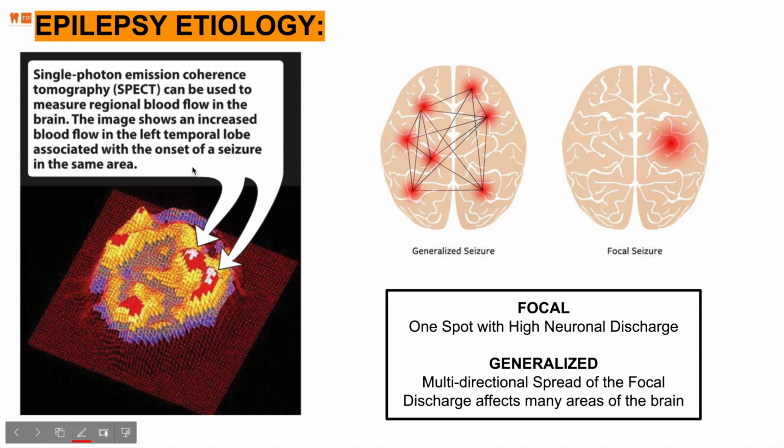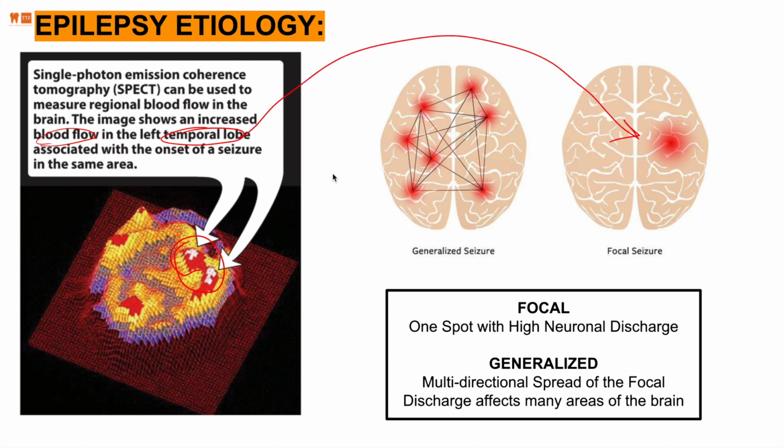So this is just to show you guys what a single photon emission coherence tomography, or SPECT, looks like. It can be used to measure the regional blood flow in the brain. So all it does is measure the regional blood flow. The image shows an increased blood flow in the left temporal lobe associated with the onset of a seizure. So all that means is there's so much blood flow to that area that it becomes our primary focal spot.